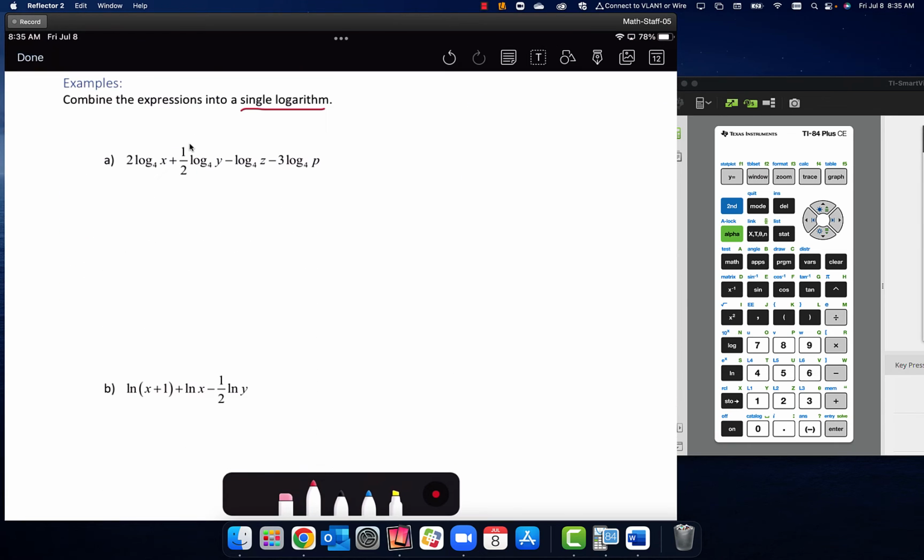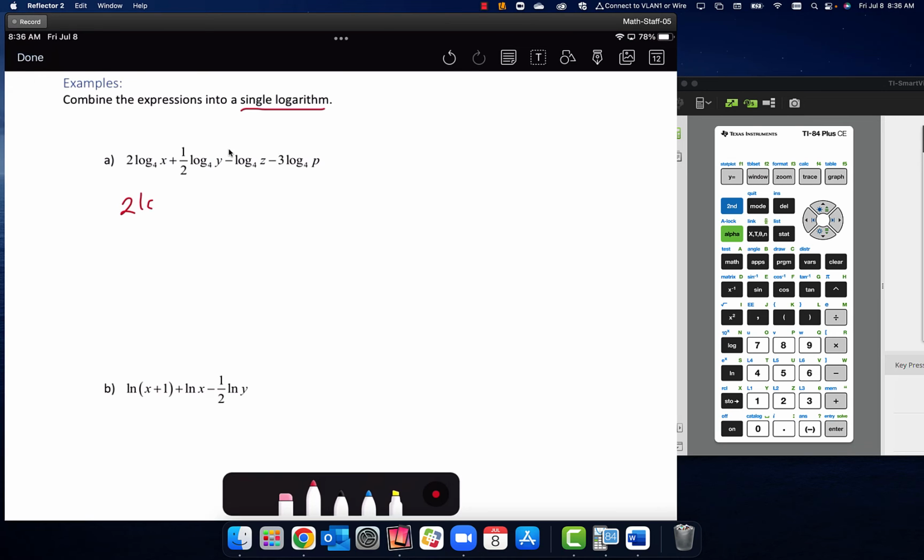In this example, we're going to condense this long expression into a single logarithm. Right away, notice that you have a double negative on the end. If you ever see a double negative on the end like this, it's probably best to factor out a negative to begin with, and it's just going to make our life a little bit easier if you recognize that at the beginning. If you don't recognize it, it's okay. It's just helpful to catch it at the beginning.